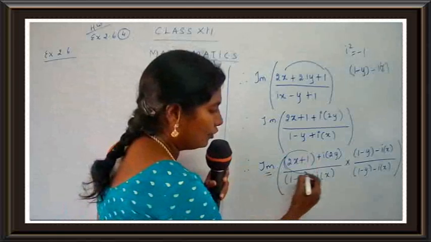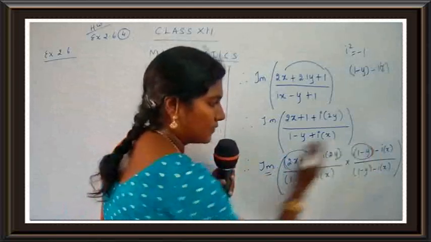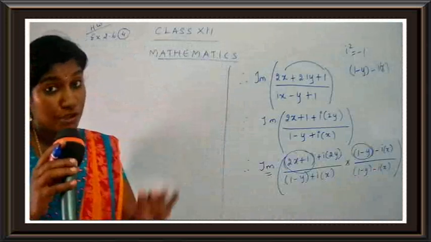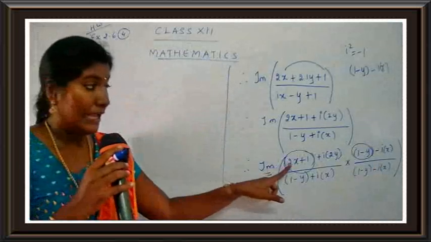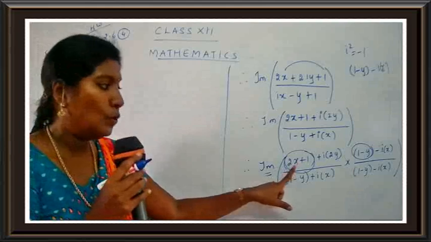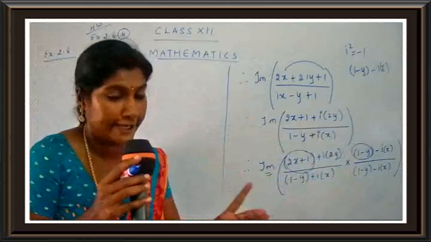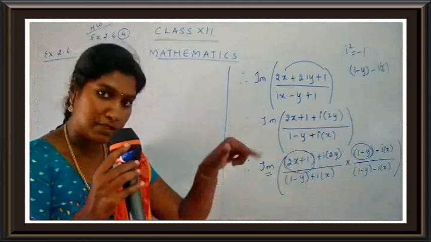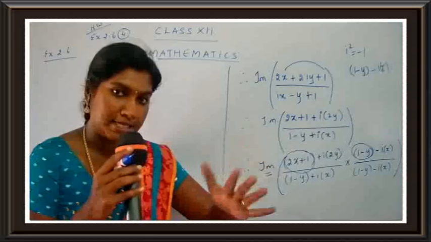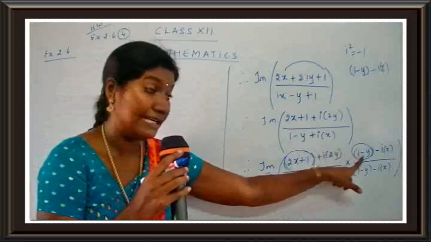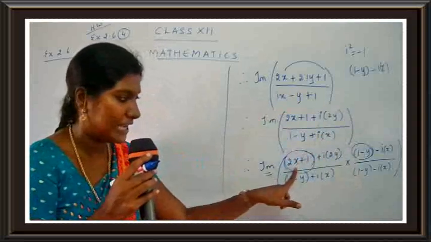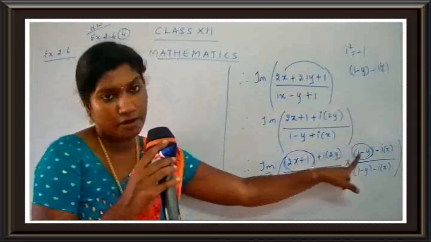If I multiply 2x plus 1 and 1 minus y, I have told you to put your pens down and listen to me carefully. If I multiply 2x plus 1 with 1 minus y, I am not going to get an i term, because here also i is not present. Here also i is not present. So we are not going to get i if we take 2x plus 1 and 1 minus y.